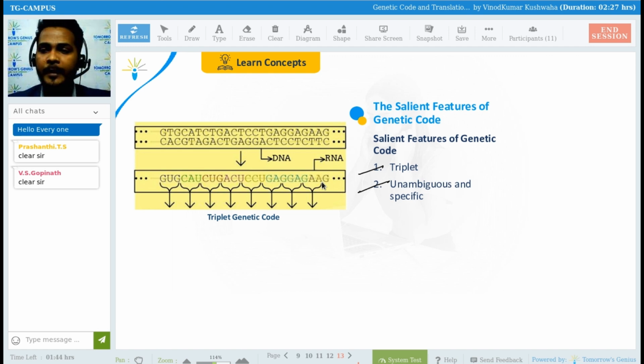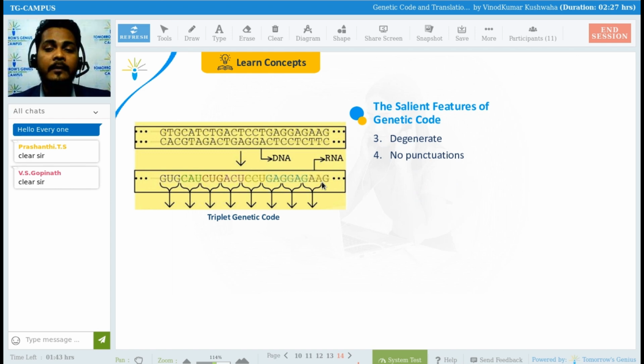Okay, now let's move ahead. So, the first salient feature of the genetic code is triplet, unambiguous and specific. Now you know the meaning of unambiguous and specific. Now let's move ahead and try to understand the next, degenerate. What is the meaning of degenerate over here?